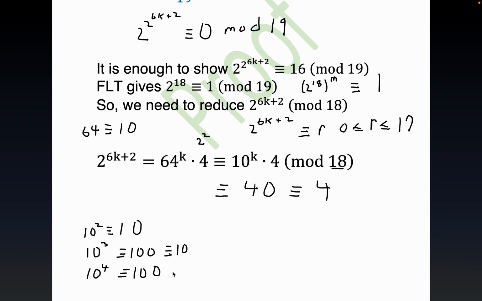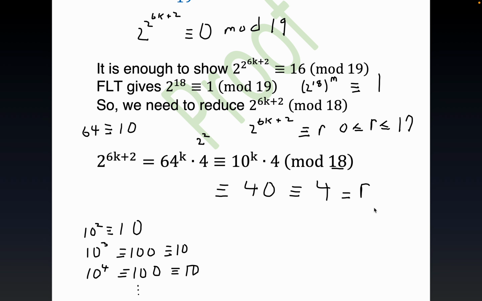You get 10 to the 4th is congruent to 100, which is congruent to 10, and so on. You see how that works? But remember this would be our r right here.